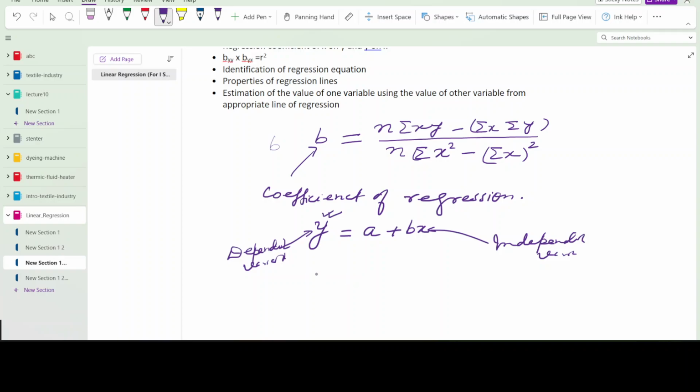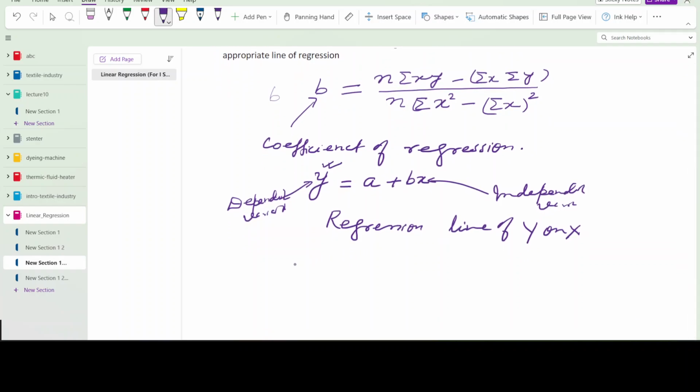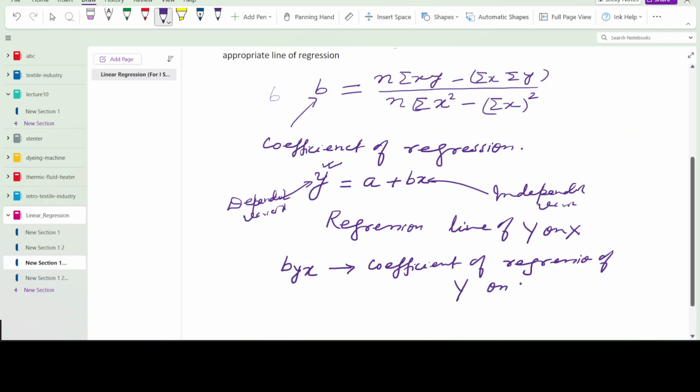This is known as regression line of y on x, and so this coefficient of regression b is denoted as byx, and this is coefficient of regression of y on x.